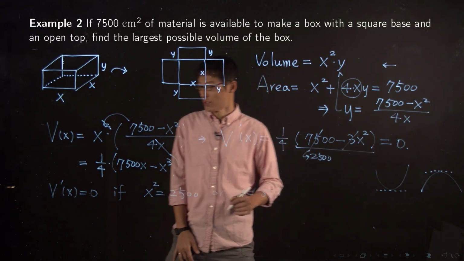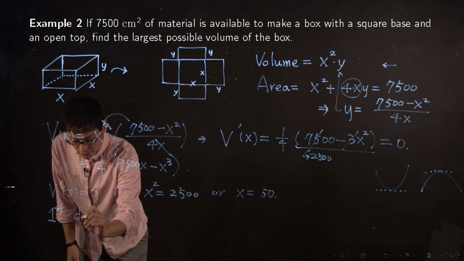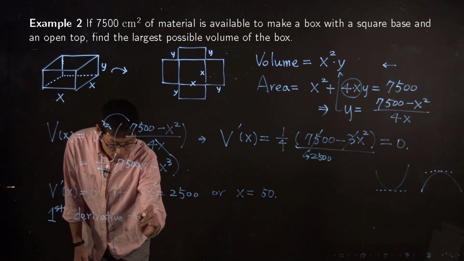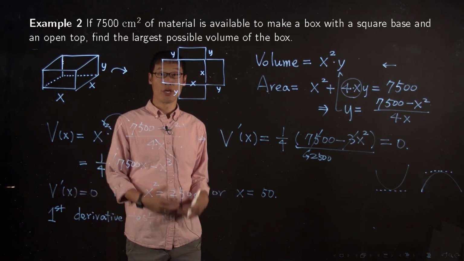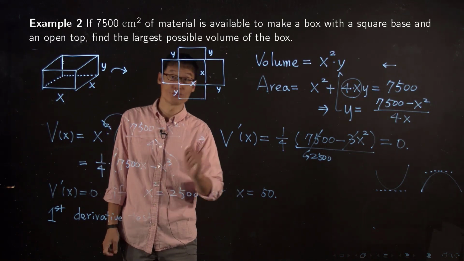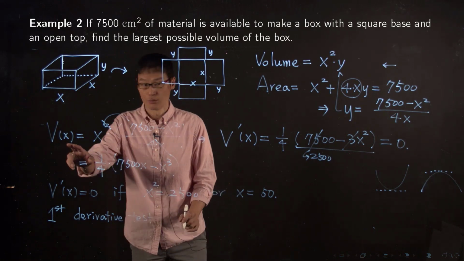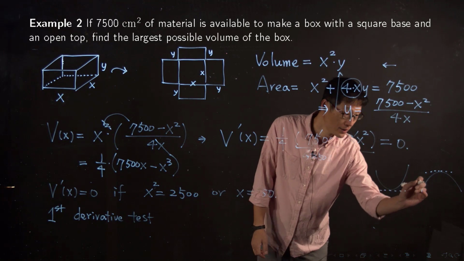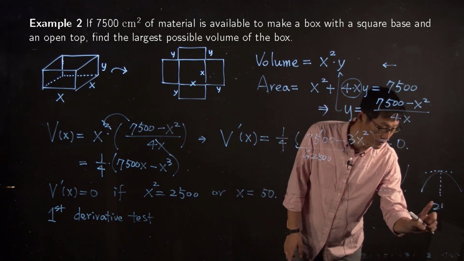If you use the first derivative test, you want to make sure v prime changes its sign when x equals 50.